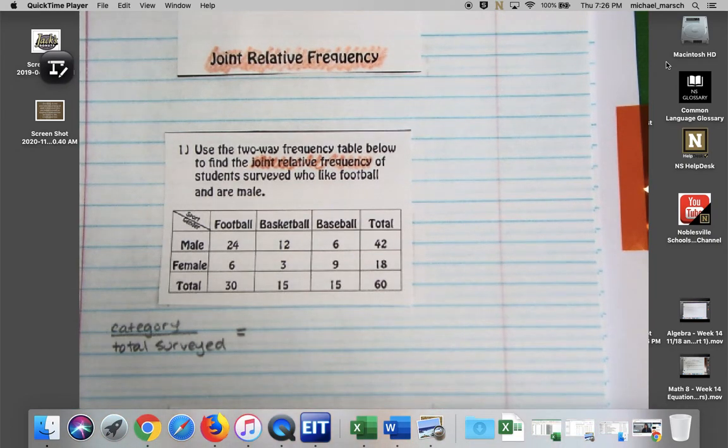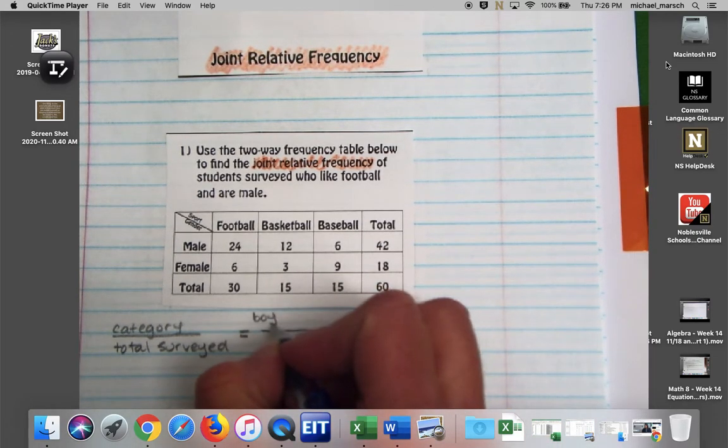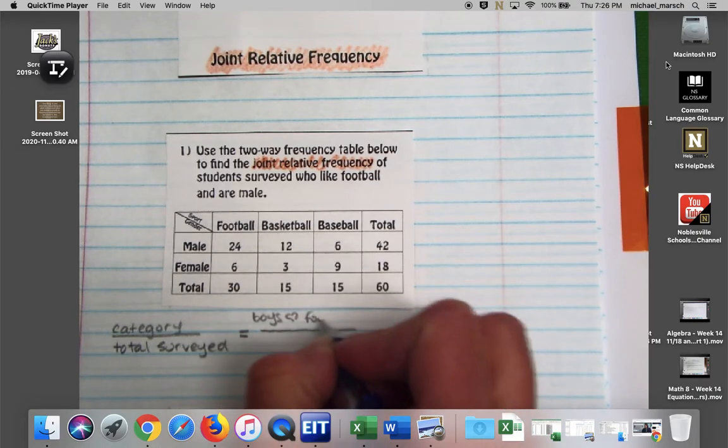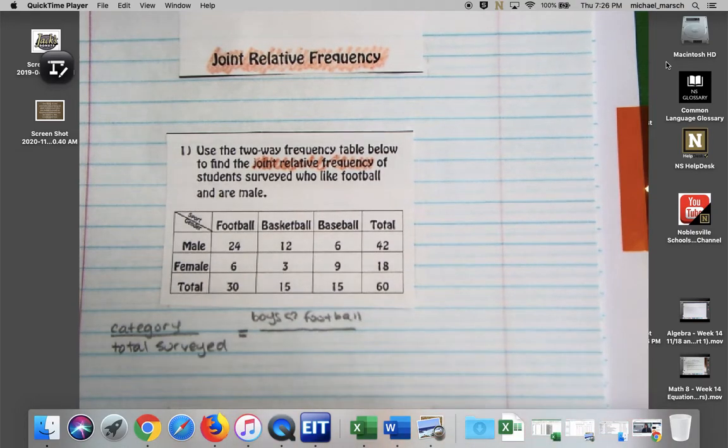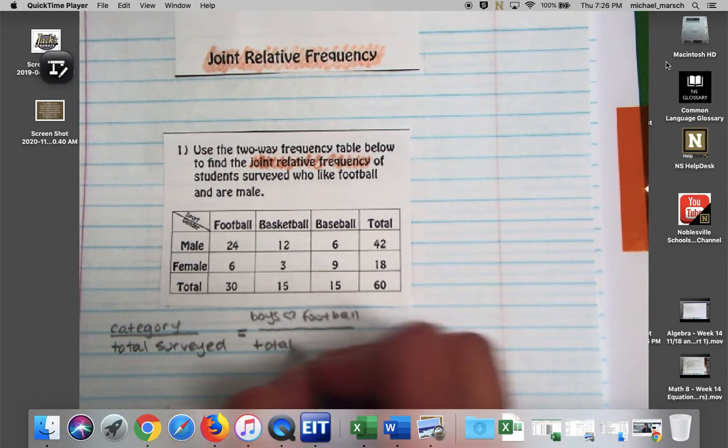Okay, so the category is boys who like football. So we're going to put that in here. Boys like football, right? And then we're still going to have total surveyed.